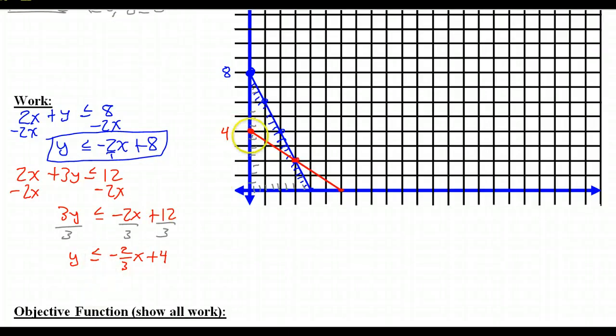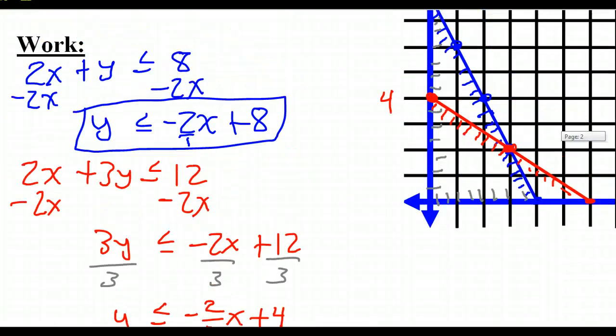Less than or equal to, put the grass on the bottom side. I don't even need to finish with the grass over here because I know I can't come out of the triangle, so sometimes I skip it. So you can see that this little quadrilateral right here is going to be my shaded area, my feasible region.